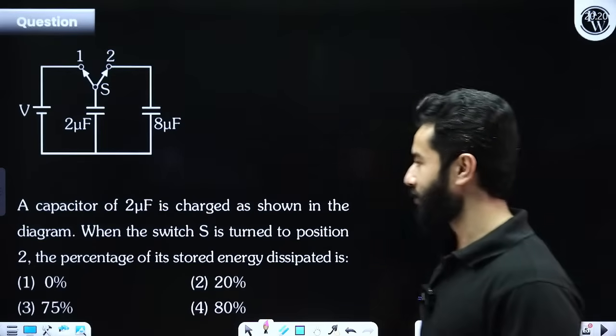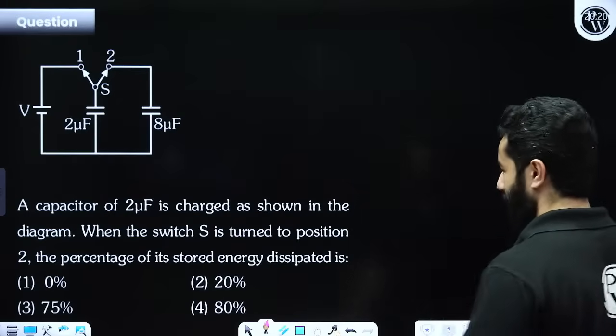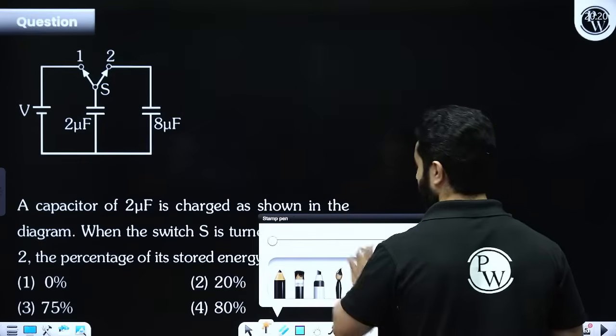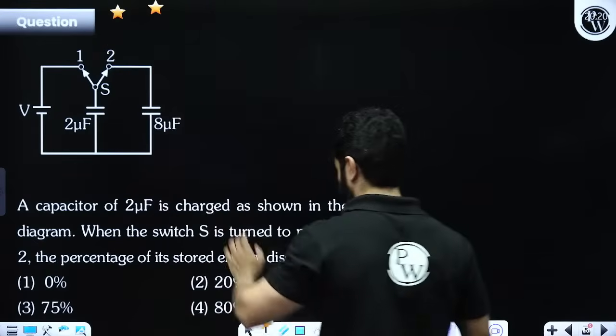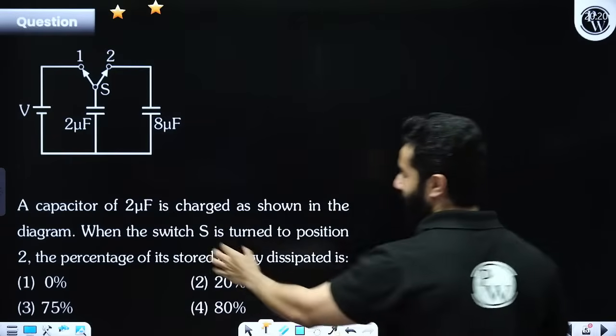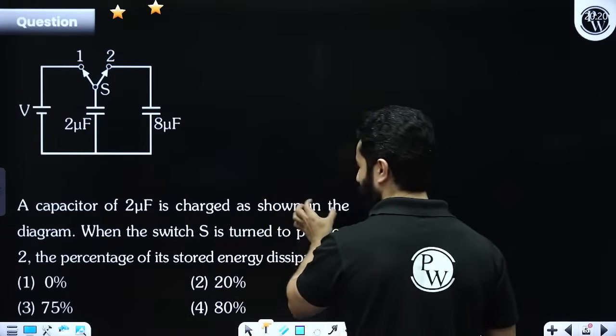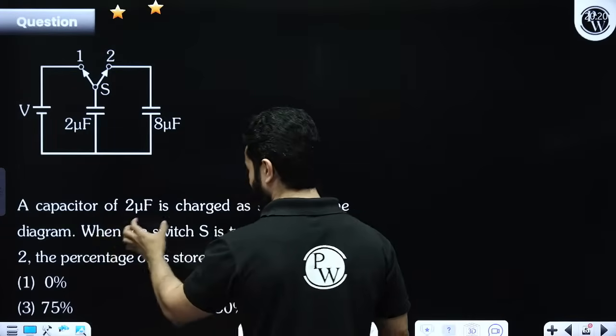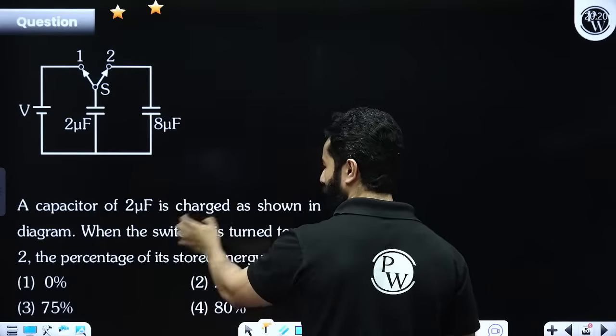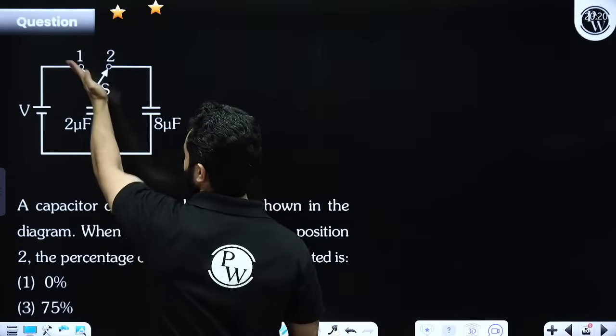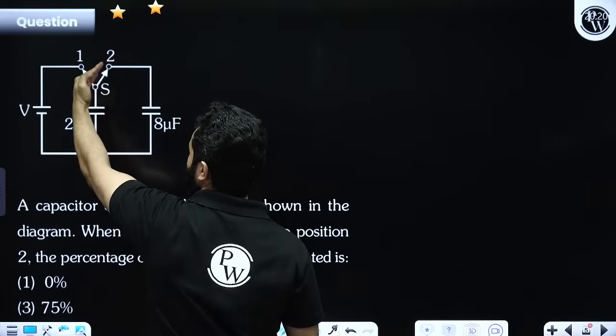Chalo, this one is a nice problem. In this question, they are saying a capacitor of 2 microfarad is charged as shown in the diagram. When the switch S is turned to position 2, that means initially it was over here, then we have switched the position to 2.